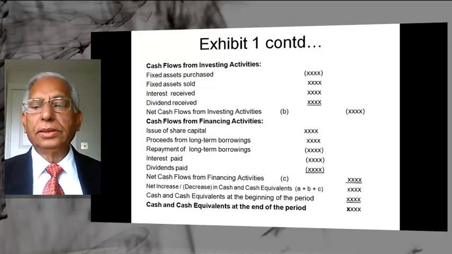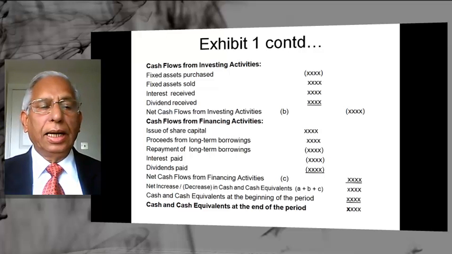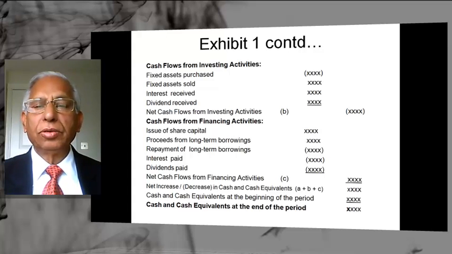Total of that is written in the outer column. Now we add A, B, C, and then we get net increase or decrease in cash and cash equivalent.